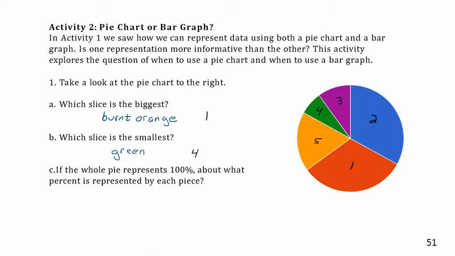If the whole pie represents 100%, about what percent is represented by each piece? Now I'm not going to go through these. This is kind of on you, because it's estimating. But I will say just some guidelines.